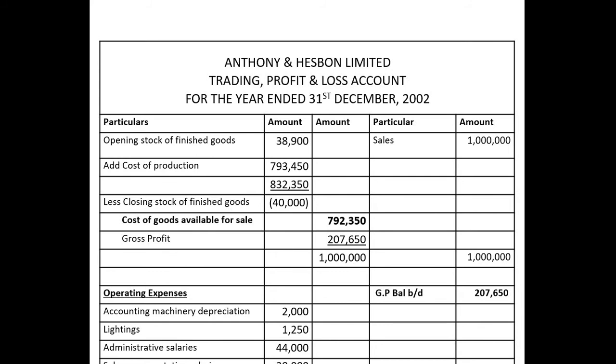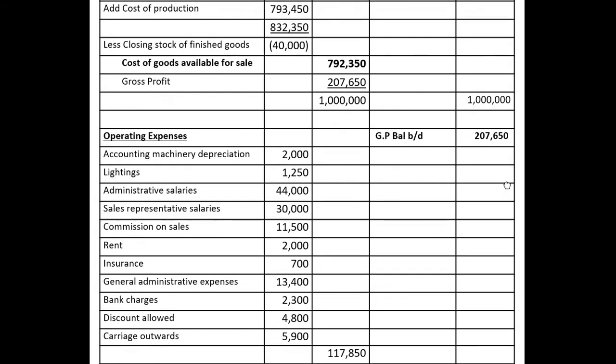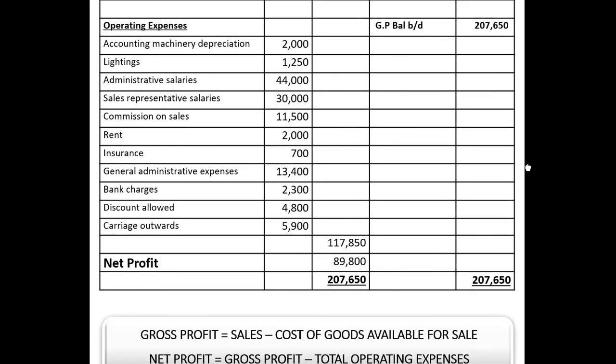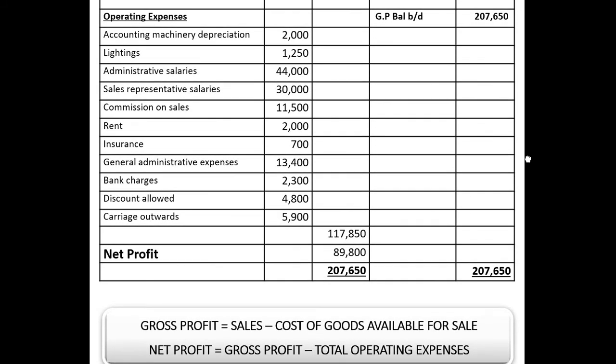Our next statement is the profit and loss account. Profit and loss account is a type of statement that determines net profit or net loss. It identifies all the expenses that were incurred in the administrative work and they include accounting machinery depreciation, which amounted to 2,000.